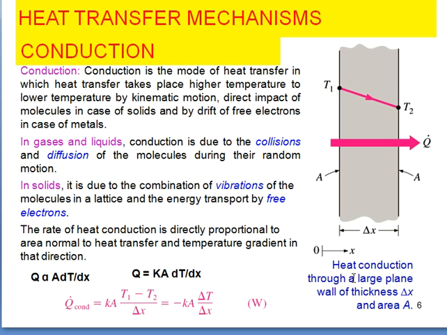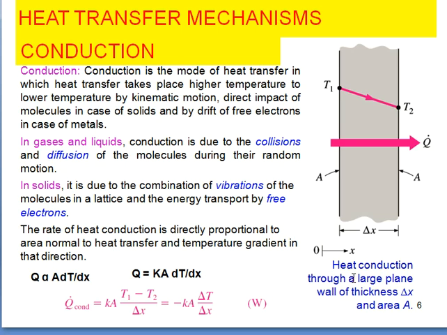Heat transfer mechanism. The first one is conduction. Conduction is the mode of heat transfer in which heat transfer takes place from a higher temperature region to a lower temperature region by kinematic motion or direct impact of molecules in the case of solids, or by drift of free electrons in the case of metals. Here the heat transfer takes place by direct impact of molecules.